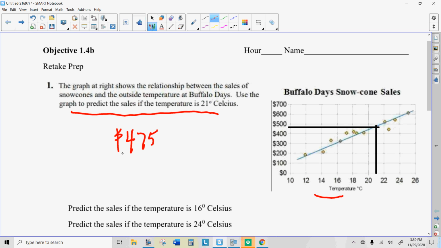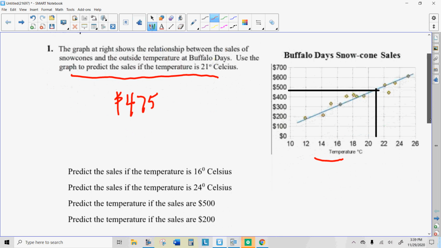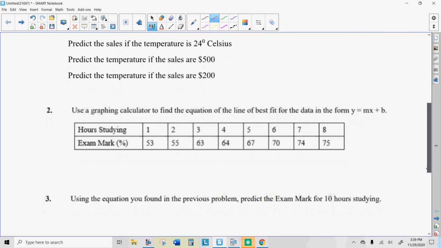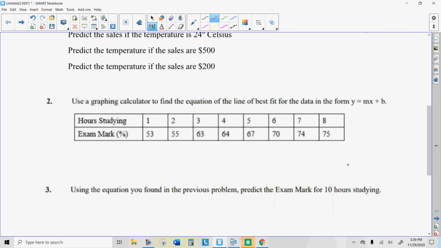All right, so you're going to do problems kind of like that, using the graph to find your answers. For the next problem, you can continue to take notes here, or if you'd like, you could go ahead and finish up those problems. Just put me on pause and then come back and look at the next video.